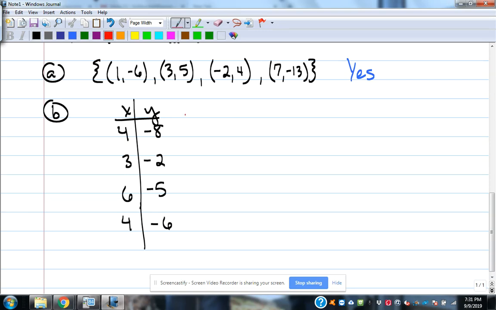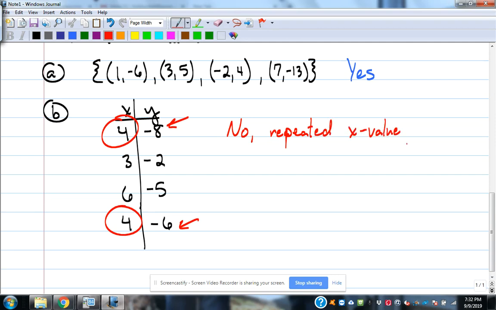No, because you've got a repeated x value. It's got a different y value for that same x value. That's not allowed. So no. I'm just writing it here so that we remember the repeated x value.